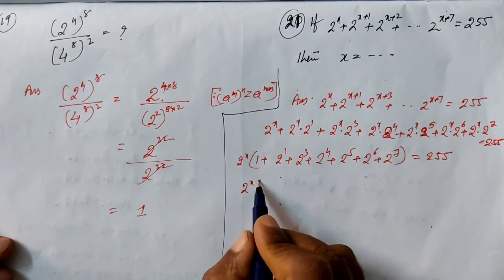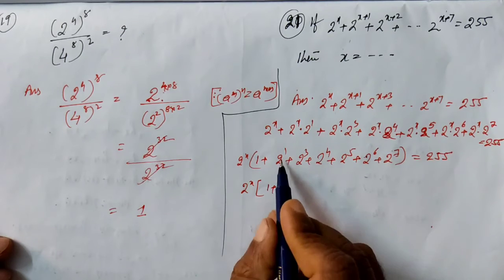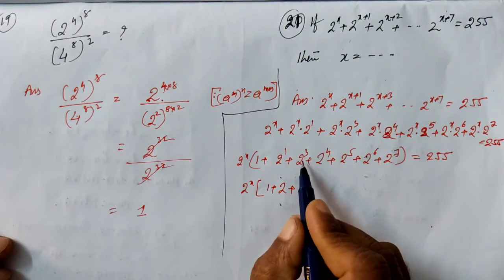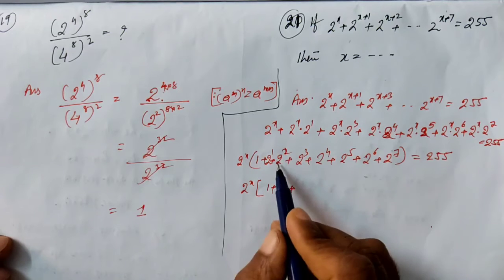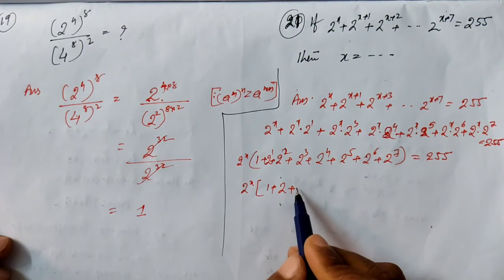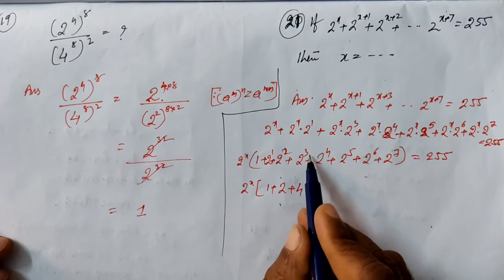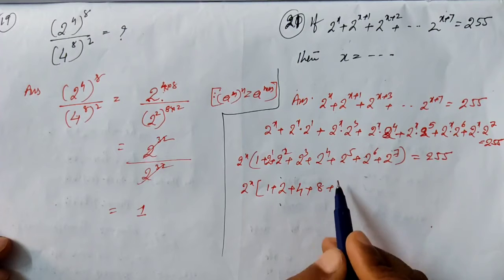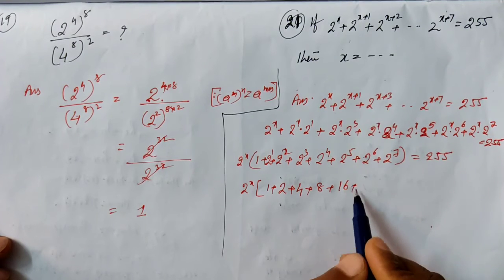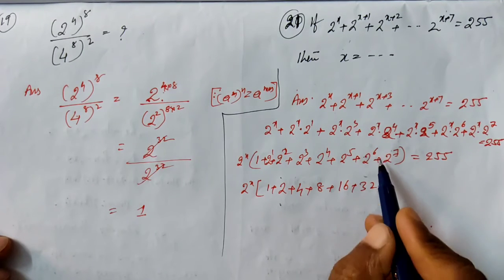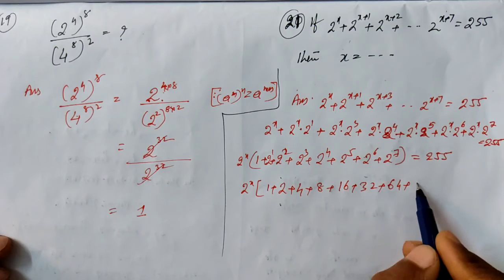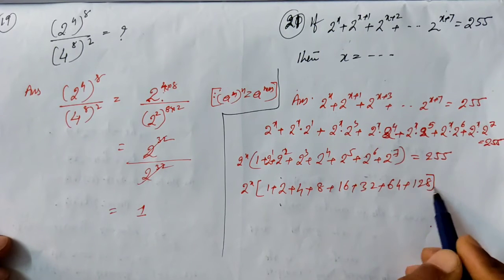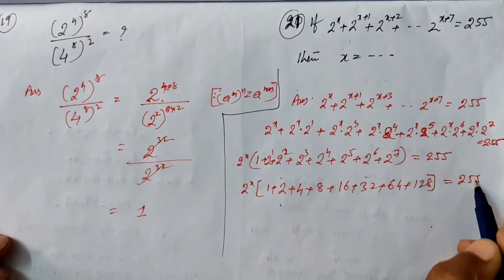So 2 to the power of x into 1 plus, so this is 2, and, okay, 2 to the power of 2 is 4, and 2 to the power of 3 is equal to 8, and this is 16, this is 32, and this is 64, and this is 128, is equal to 255.